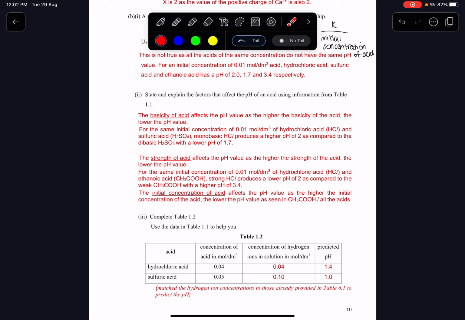Therefore, monobasic HCl will have pH of 2 compared to dibasic H2SO4 pH of 1.7, because for every mole of sulfuric acid, you produce more H+ ions. Therefore, pH will be lower, even though the initial concentration of both acids are the same.